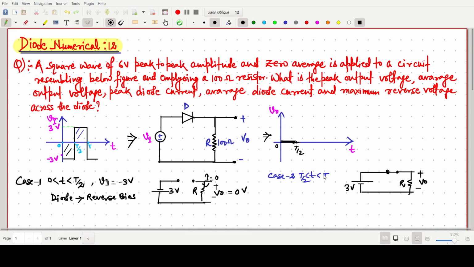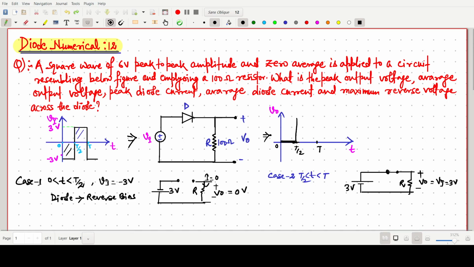In this case the output voltage V naught is the same as the input voltage. So V naught is same as Vi, that is our 3 volt. So in between T by 2 to T, it will give the same 3 volt.